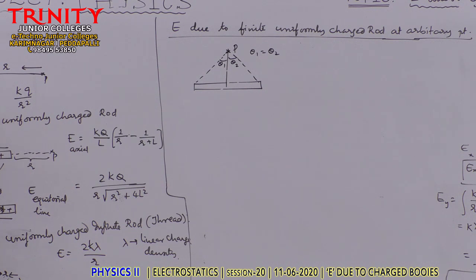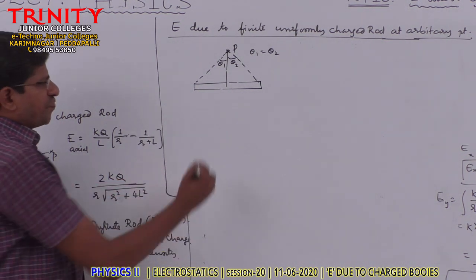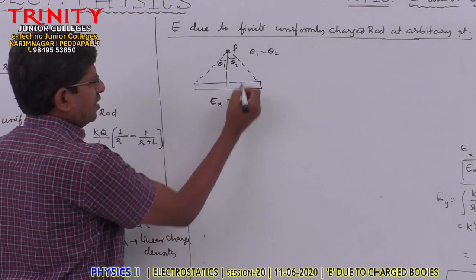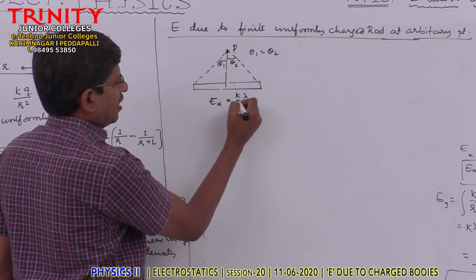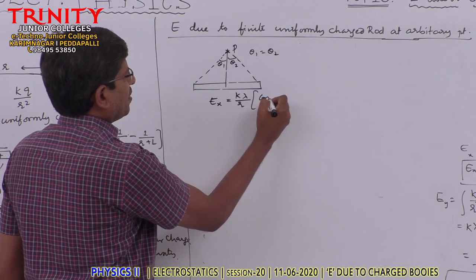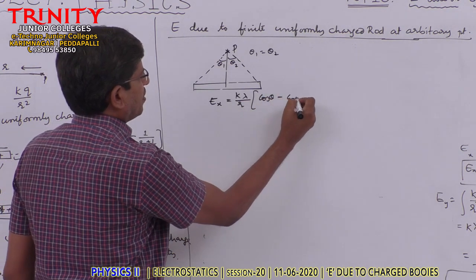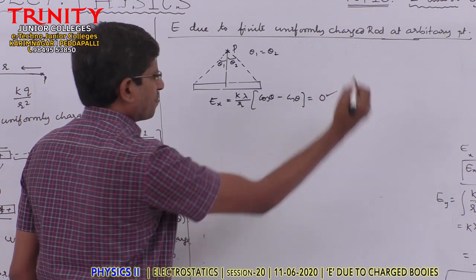So, what you will get is, definitely in the previous case there was no Ex component, therefore Ex should be 0. From k lambda by r into cos theta minus cos theta, you will end up with 0.